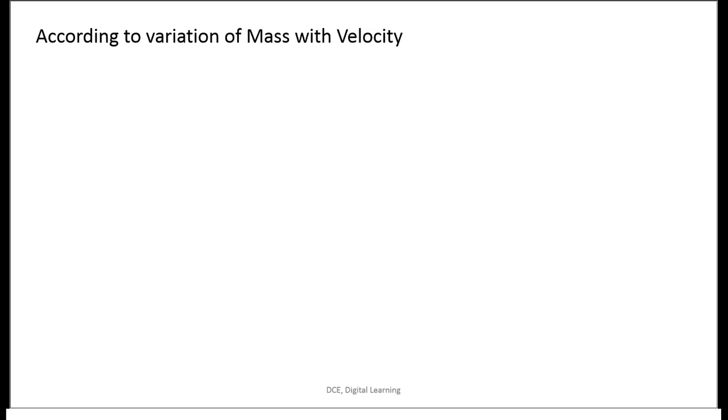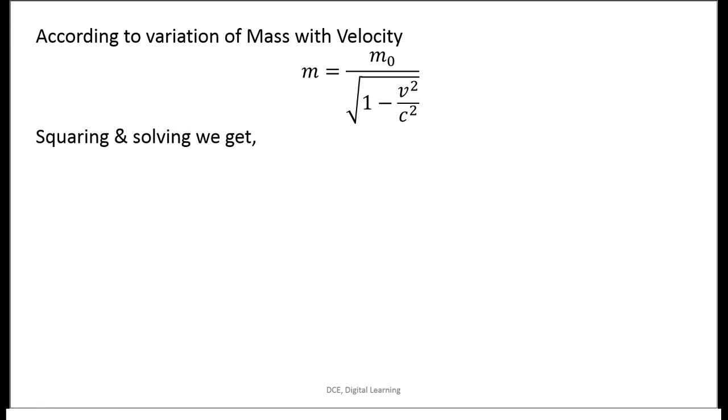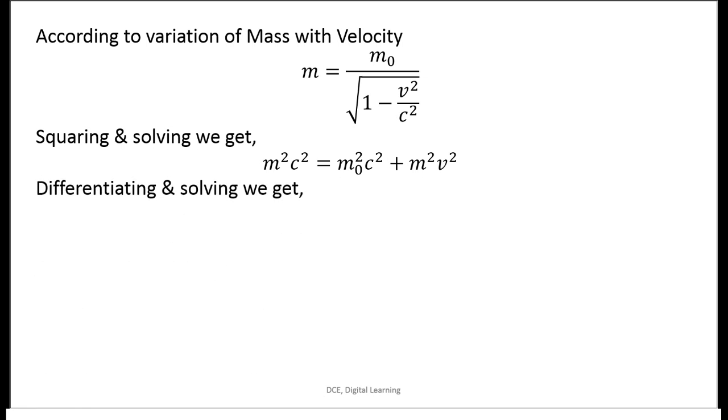According to the variation of mass with velocity, the relativistic mass equation is m is equal to m naught by square root of 1 minus v square by c square. Squaring both sides, we get m square is equal to m naught square by 1 minus v square by c square, and solving this we get m square c square is equal to m naught square c square plus m square v square.